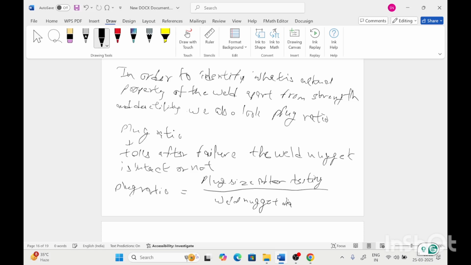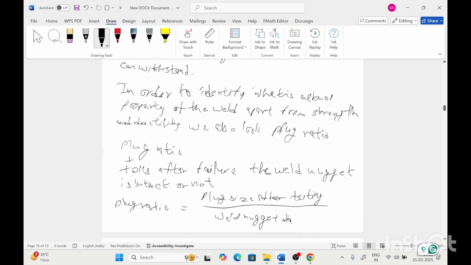The plug is generally the weld joint left after the failure. So this is the plug ratio.